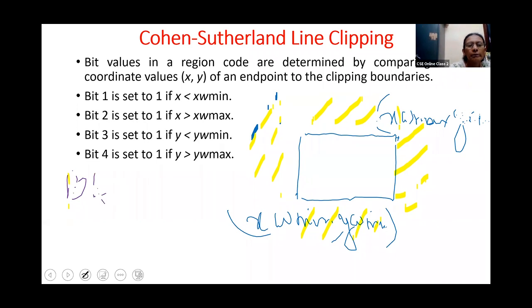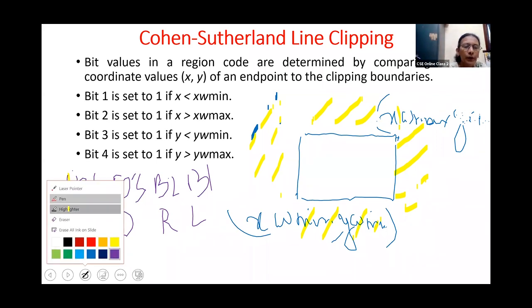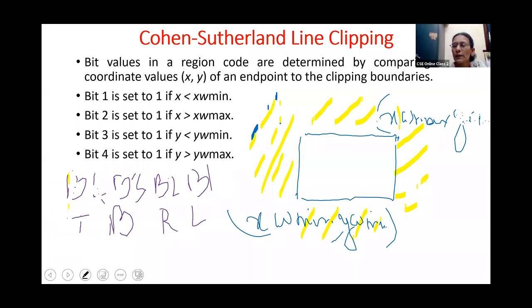Bit 4, bit 3, bit 2, and bit 1. We have already seen this corresponds to the top boundary, bottom boundary, right boundary, and left boundary. So what is left of the left boundary? All the points that lie to the left of the left boundary are going to be set to 1 for bit 1.